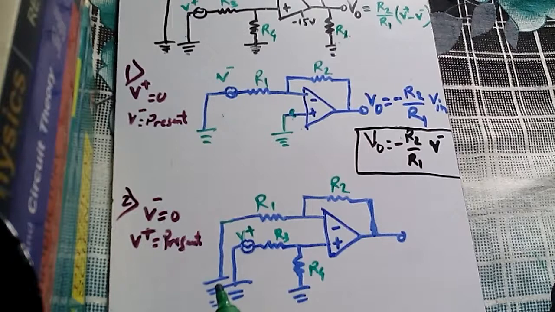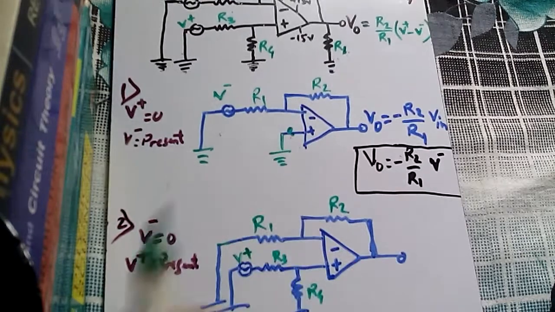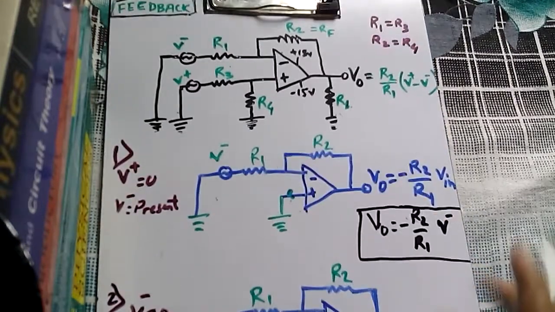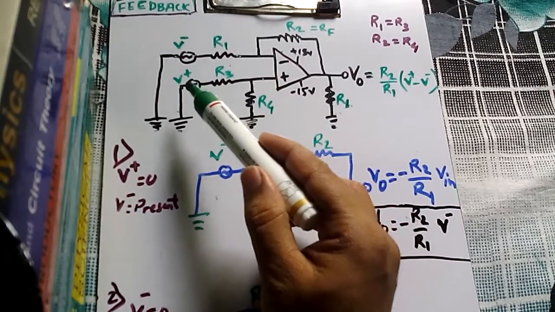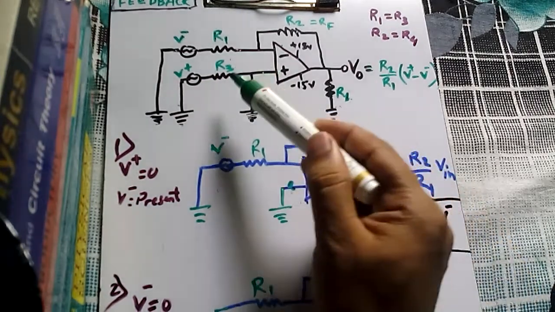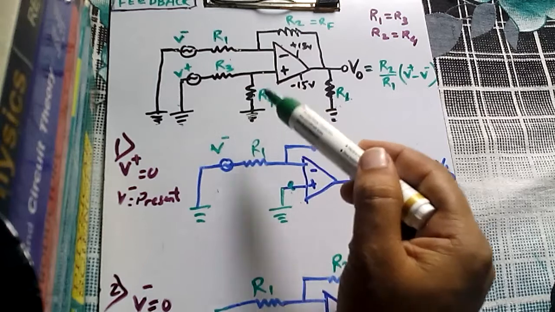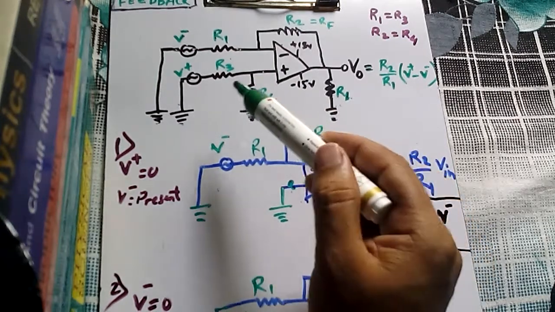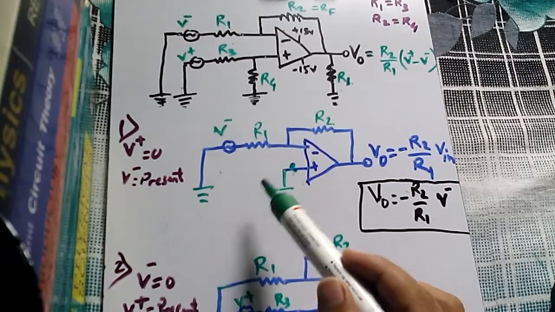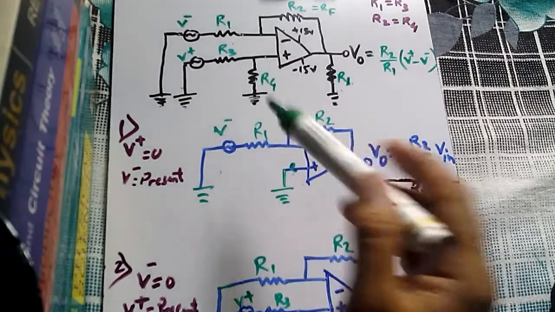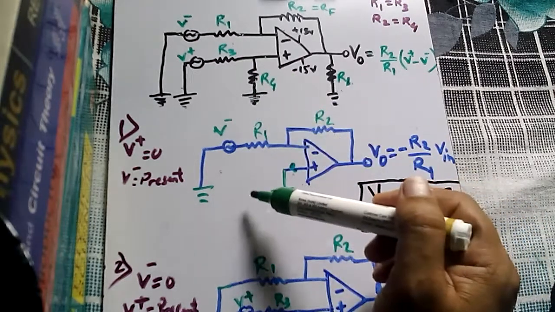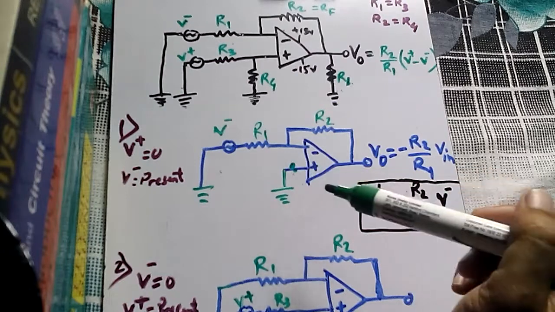Now one thing you have to notice: in the earlier case, when I made this voltage 0, these resistances became insignificant and we just erased them. At all the points the voltage was the same, 0.